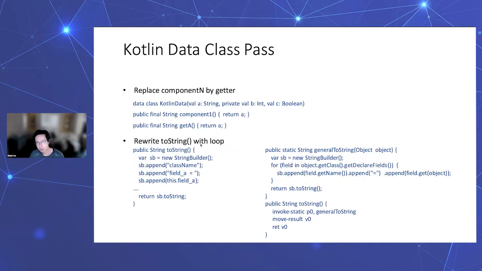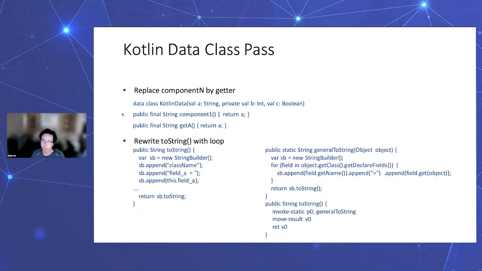But once the Kotlin code is compiled down to Java bytecode, the bytecode does not need to obey all the Kotlin semantics rules. So at this time, we can actually replace this component by the field getter.